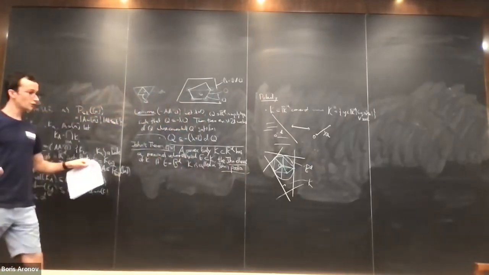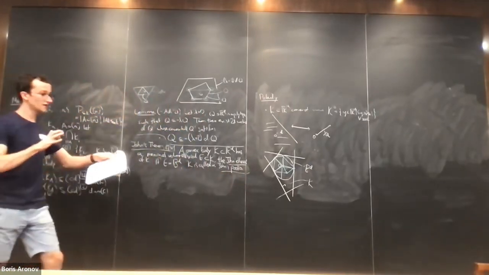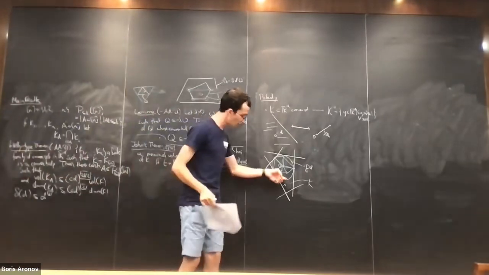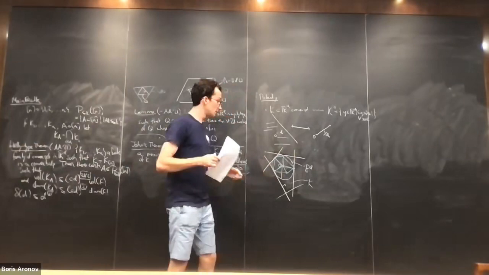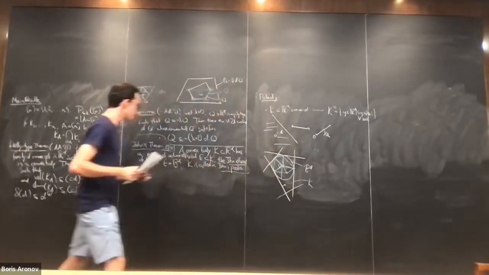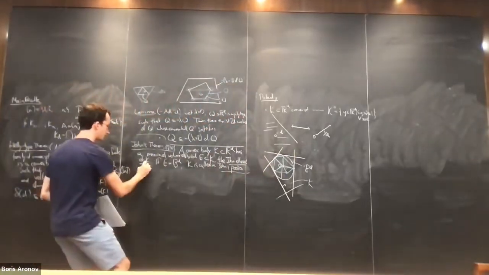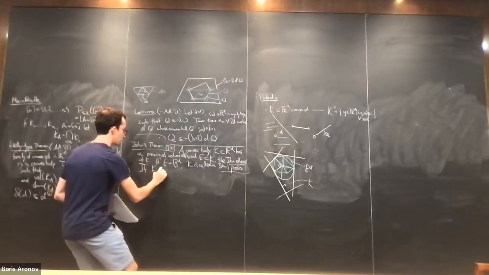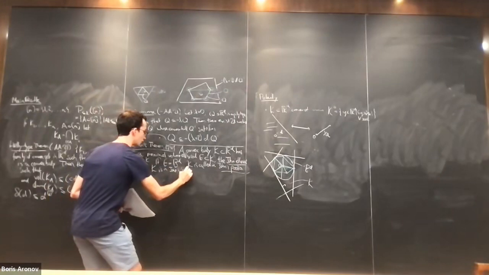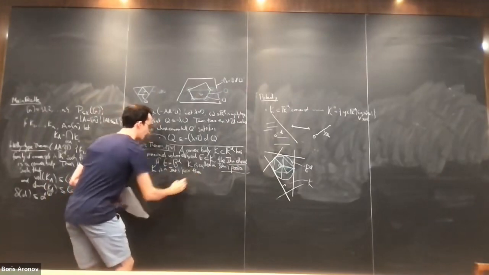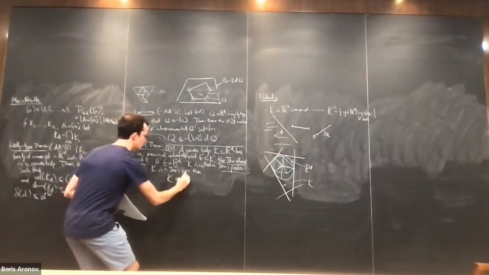John proved that if K is in John's position, so perhaps this ball here is the maximum volume ellipsoid of this pentagon, then K sits inside minus d cap.